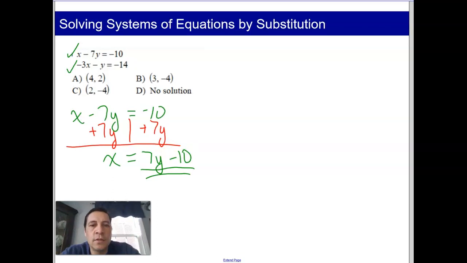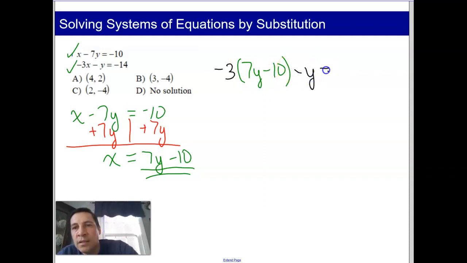Now remember, this is called substitution. So when I look at this second equation, I'm going to substitute out the x, and I'm going to put in 7y minus 10. So I have negative 3 times x, so take out the x, substitute 7y minus 10, minus y equals negative 14. Now I just want to solve this equation for y.